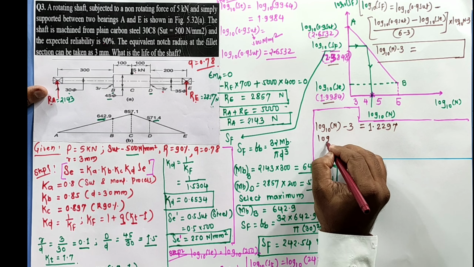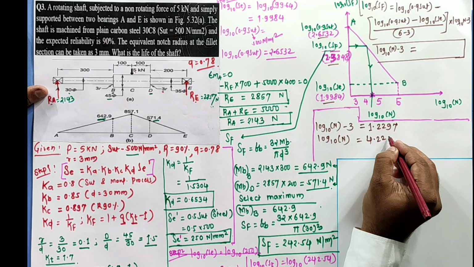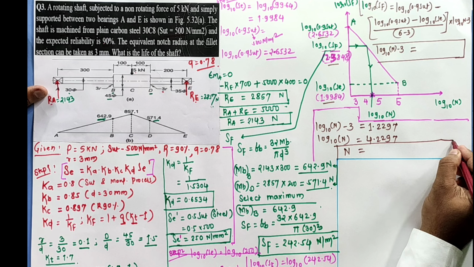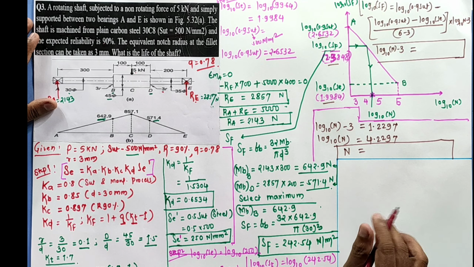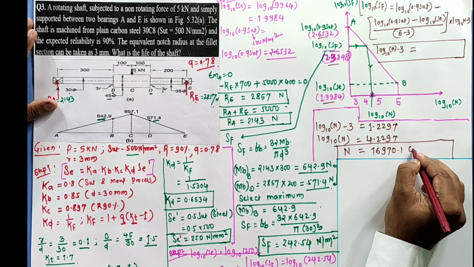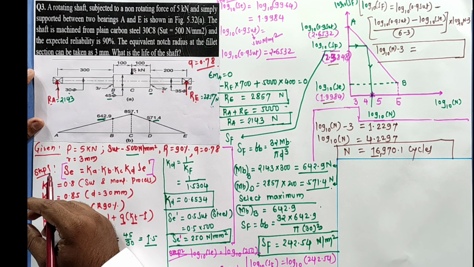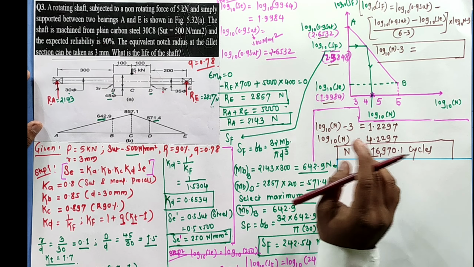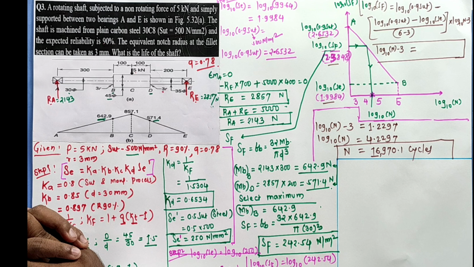So log base 10 of n is equal to 4.2297. Therefore the number of cycles I got from the calculation is 16,970.1 cycles. So this will be the life of the bar for the given statement.